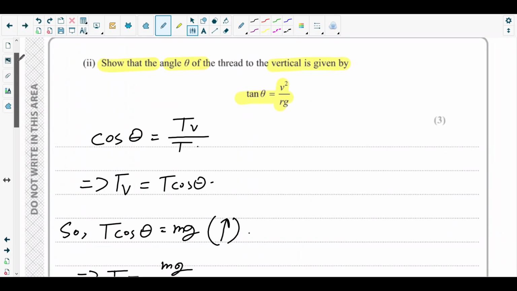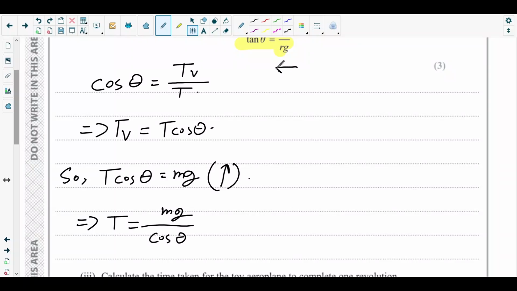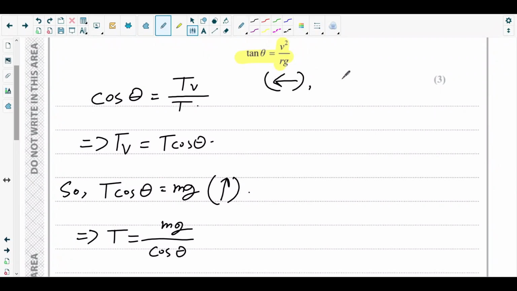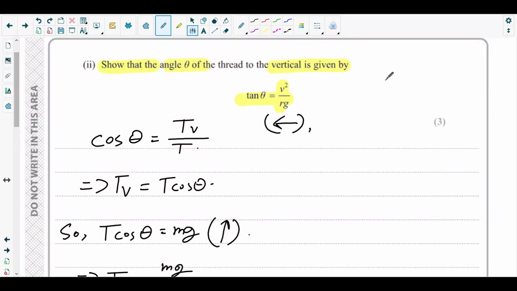Let's find the horizontal component first. Sin theta equals T horizontal over T, so the horizontal component of tension is T sin theta.